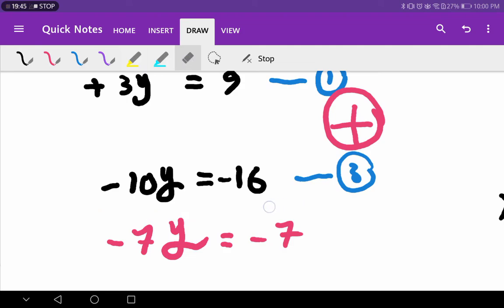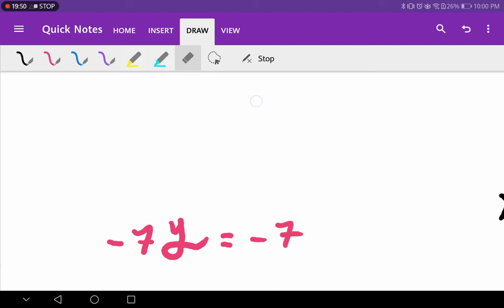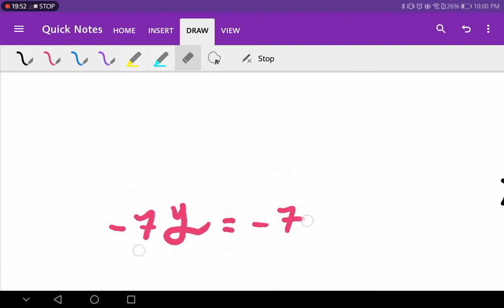So I will erase everything here and solve for y. So y equal, change the color. If I divide by -7 and by -7, this is eliminated, and the negative is gone, 7 over 7 equal 1.